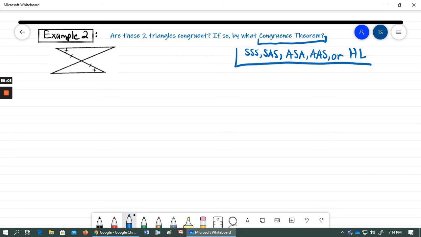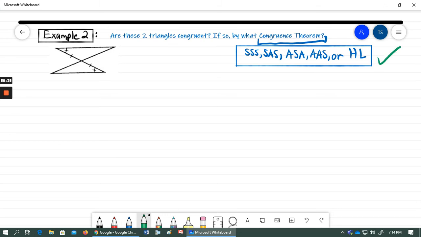Sometimes when you're doing this, you might see some other things that may seem a little bit tricky, but really they're not all that tricky. So guys, these right here are those congruence theorems that we've discussed. Okay, let me put that in a different color.